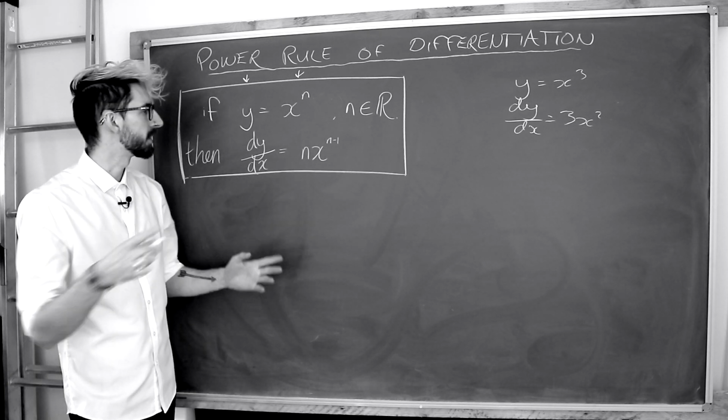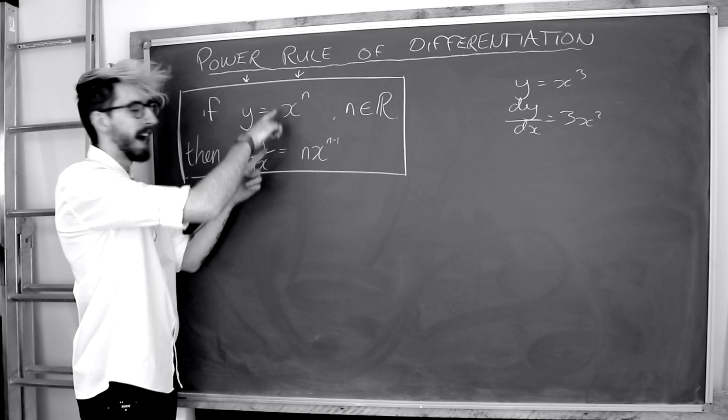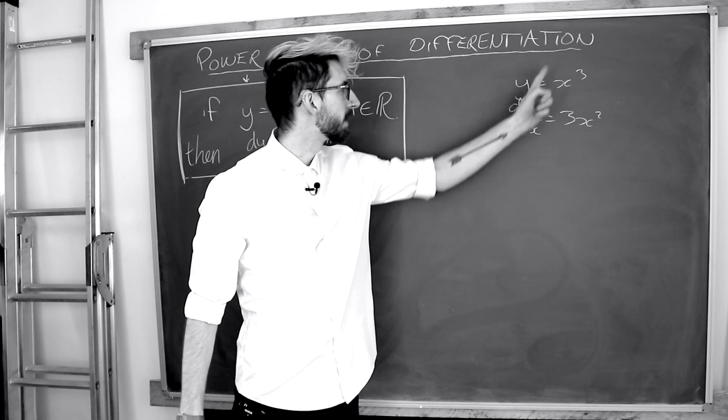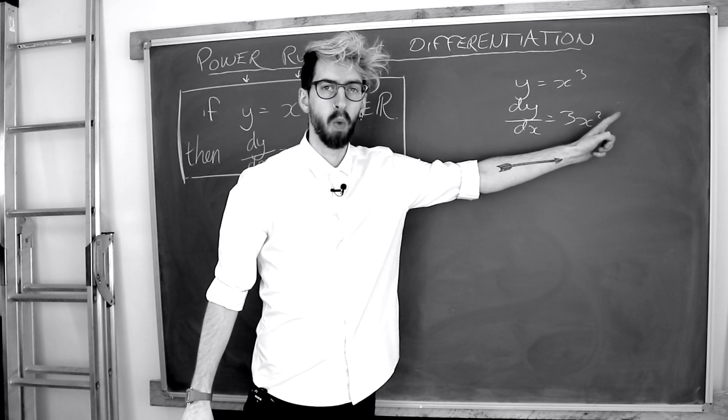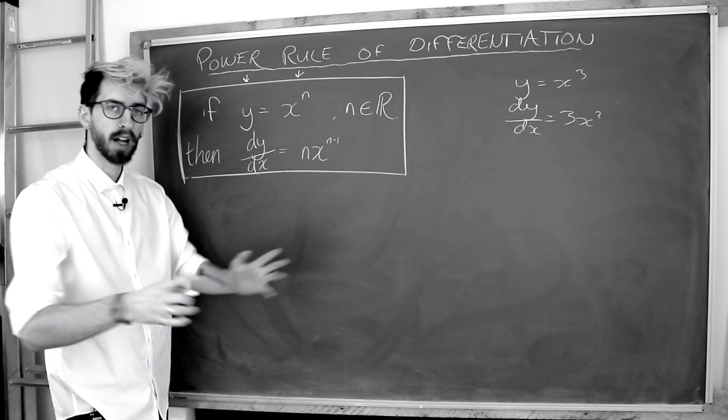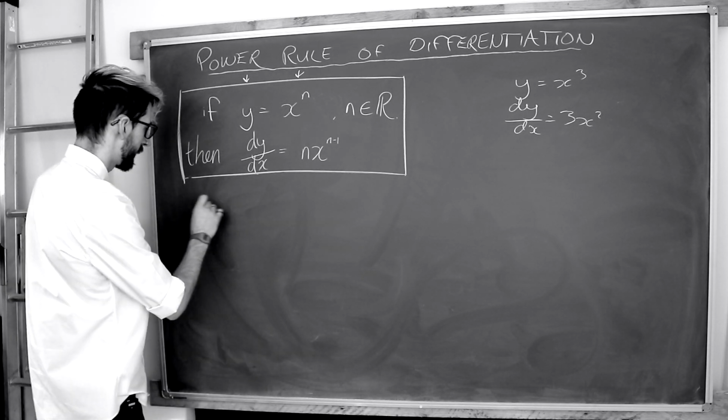So a nice way of saying this is the power goes to the front, and then you subtract 1 off the power. Now this is true for any value of n. So let's have a look at an example.